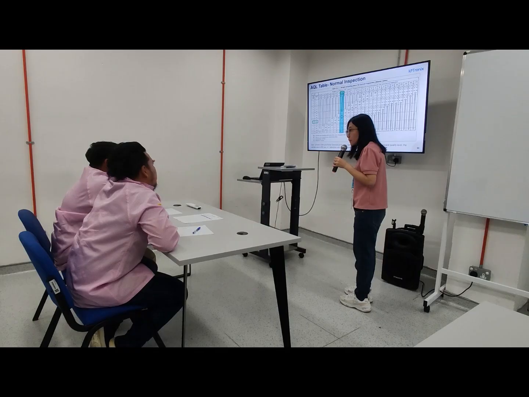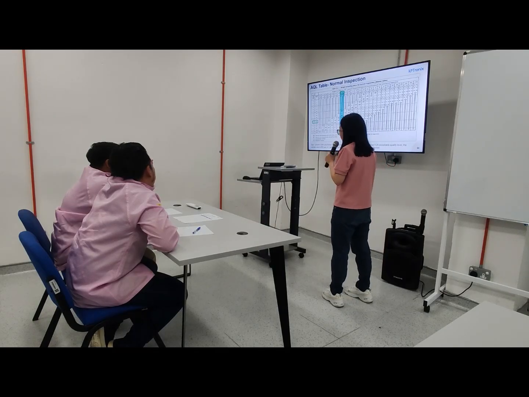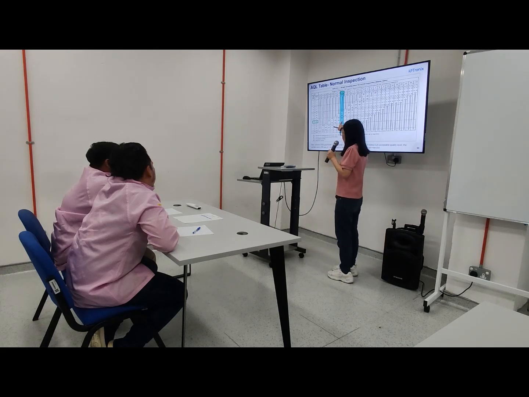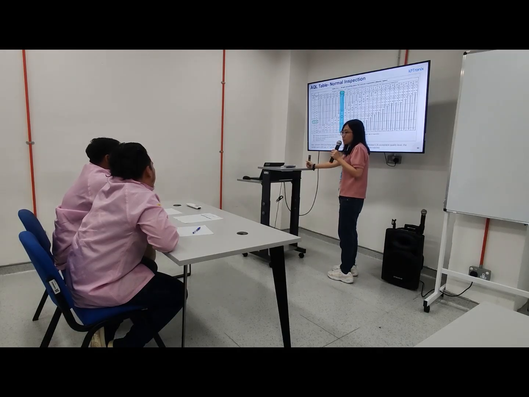Which one? I mean, if we follow the L, the 200, and there is the 2 reject and above, does it mean the sample size of 200 is rejected or the 5,000? The whole lot. The whole lot will be rejected. Okay.